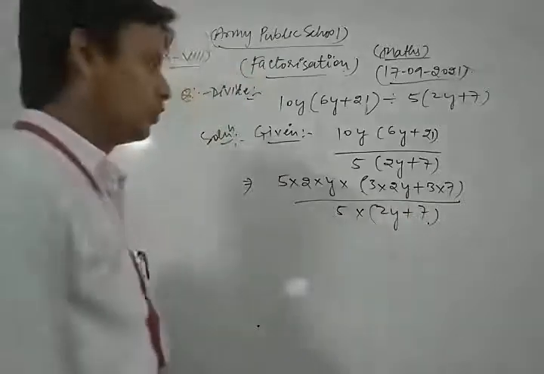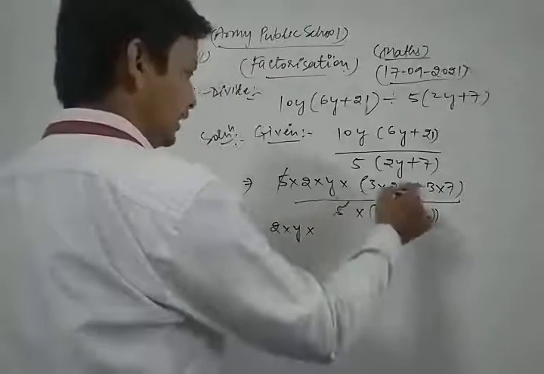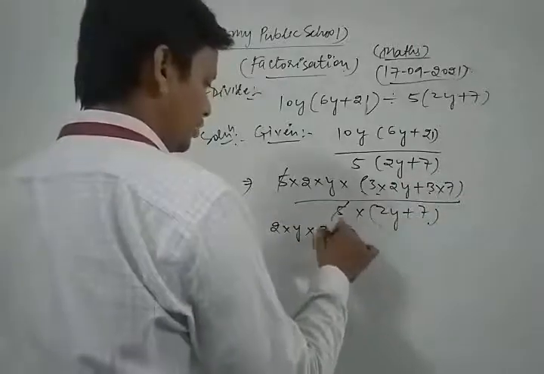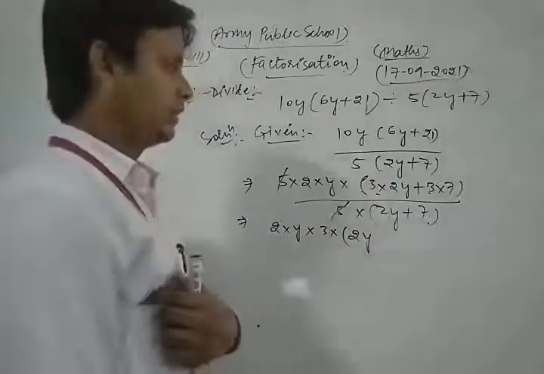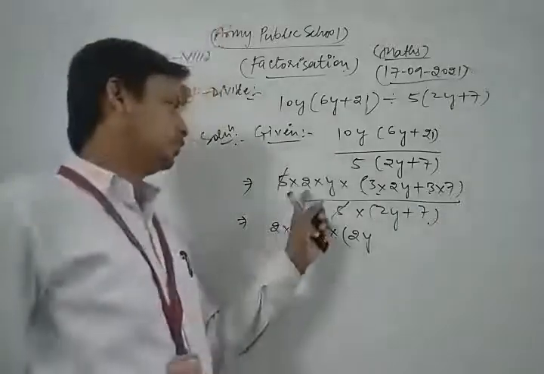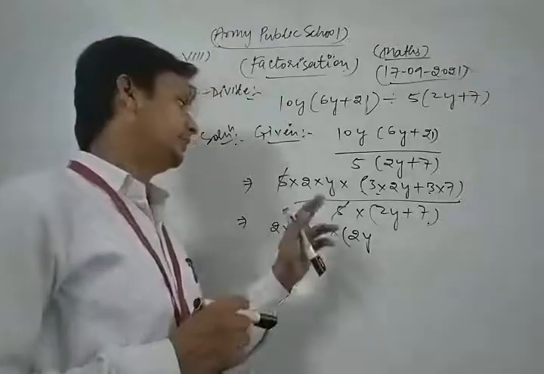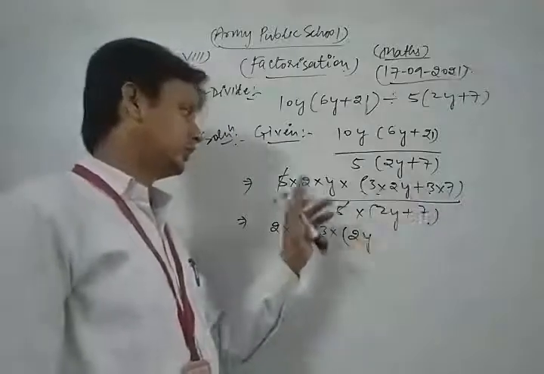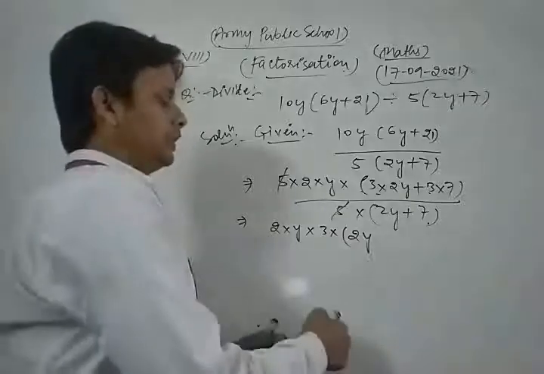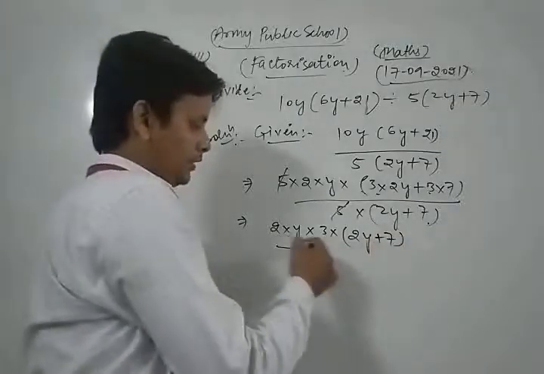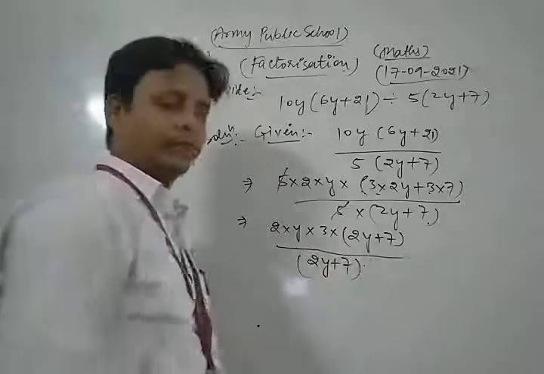Now the 5s cancel each other, so we get 2 into y into, taking 3 as common from the two terms, 3 into 2y plus 7. Dear friends, first of all 2 is written as it is, because 5 cancels from the numerator and denominator. From these two terms 3 is taken as common, leaving 2y plus 7.